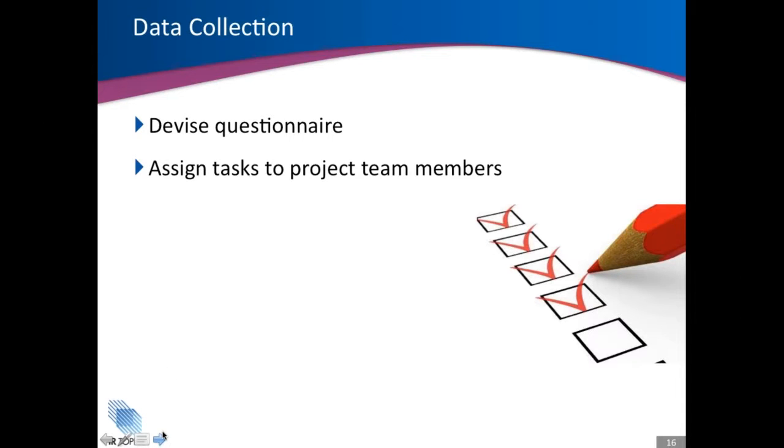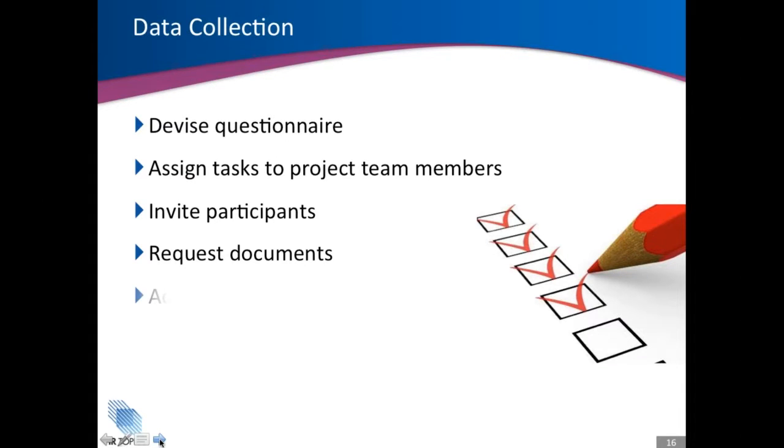Then give thought to which project team members can help get some of those different things. They're not all going to be internal within your organization. Then invite the participants. I cannot tell you how many times I have gone off to do data collection and absolutely scared people to death. Let them know what you're doing, what your goals are.